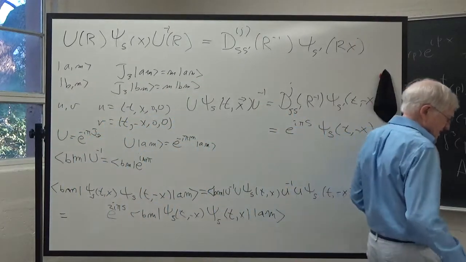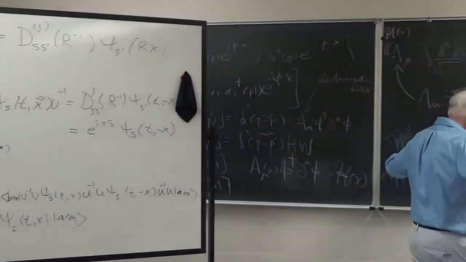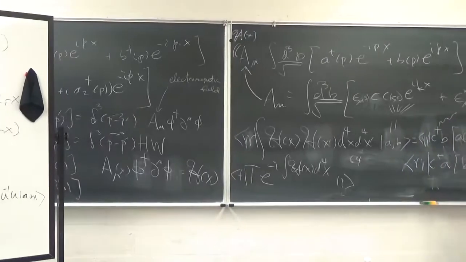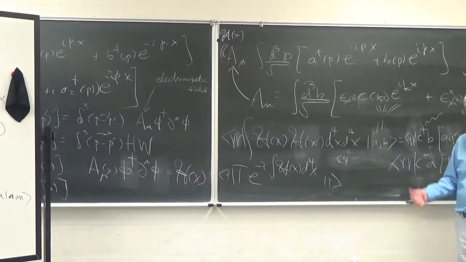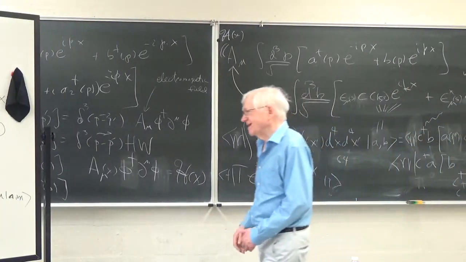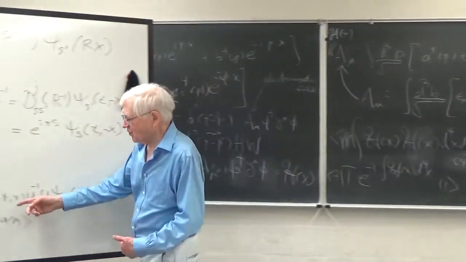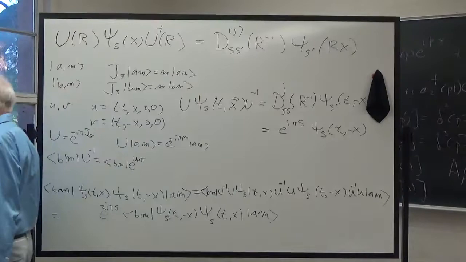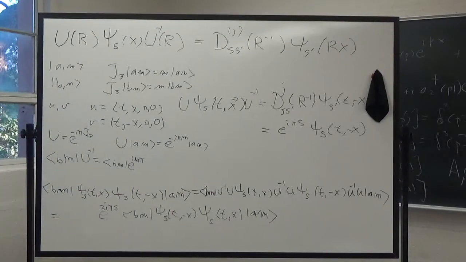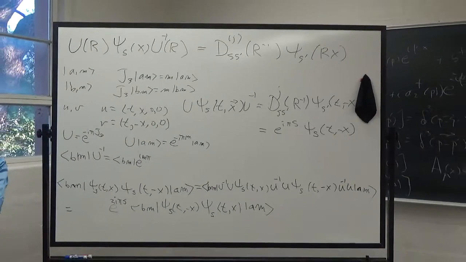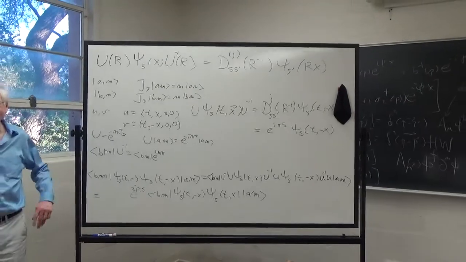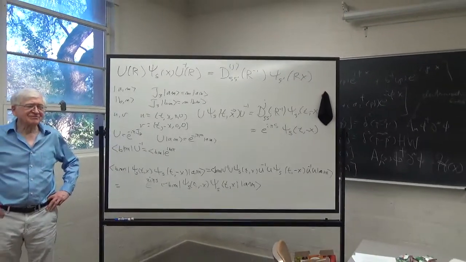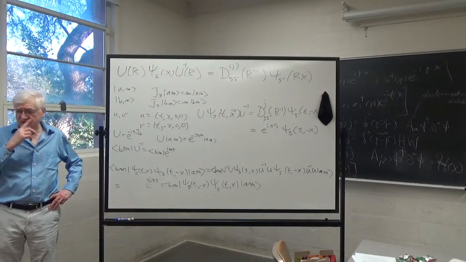The state to the left and the state to the right have the same angular momentum in the z direction, and I chose S and S prime to be the same. So a super extra credit homework problem is to prove this argument. But as I said, don't knock yourself out on it.